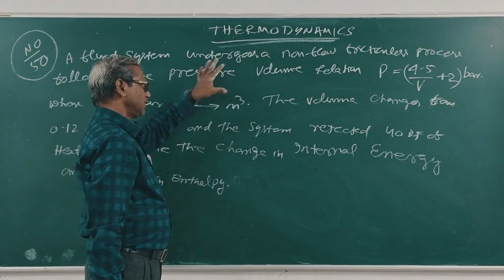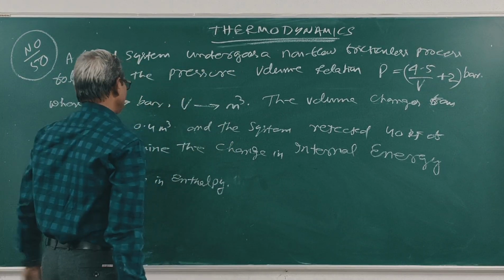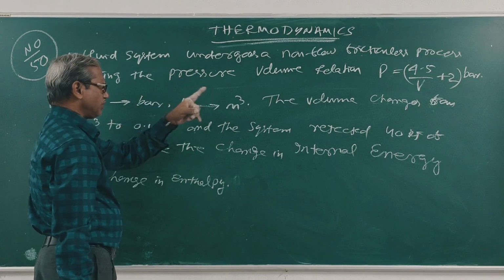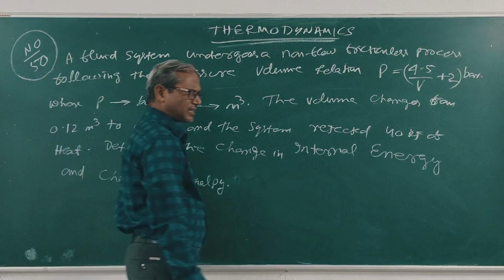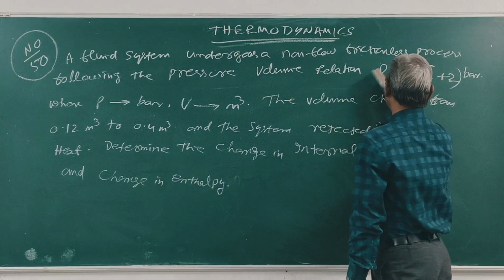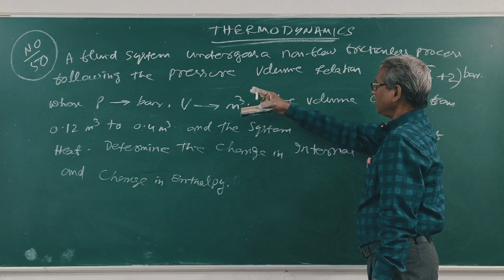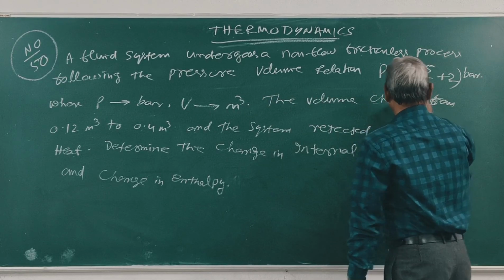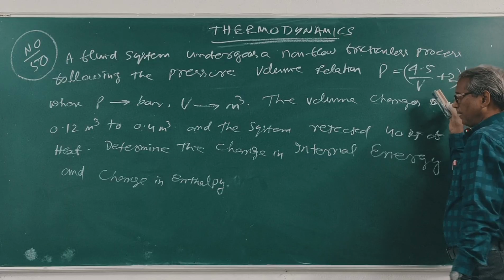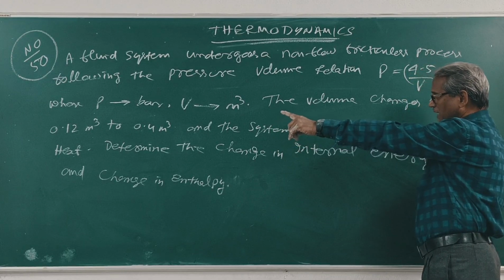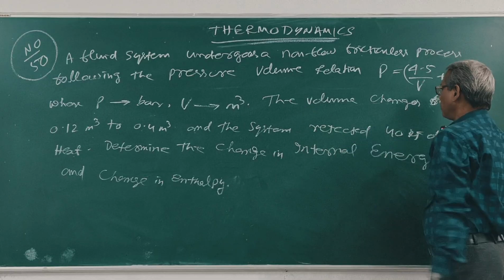The question is: a fluid system undergoes a frictionless, reversible process following the pressure volume relationship P is equal to 4.5 by V plus 2 bar, where P is in bar and V in meter cube.